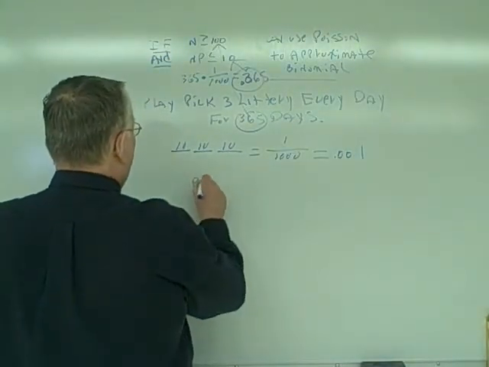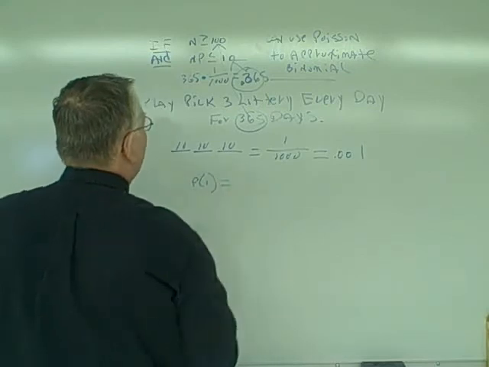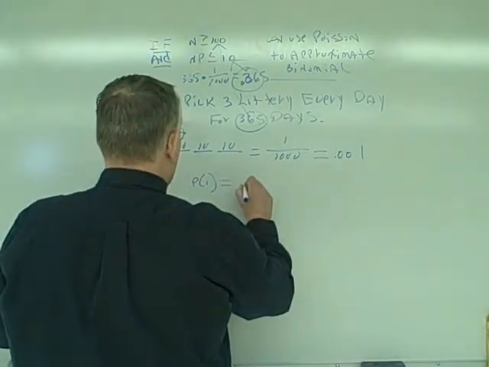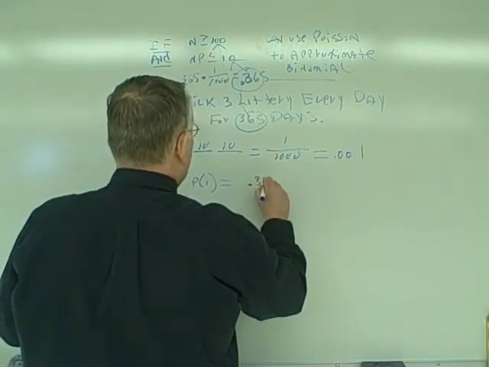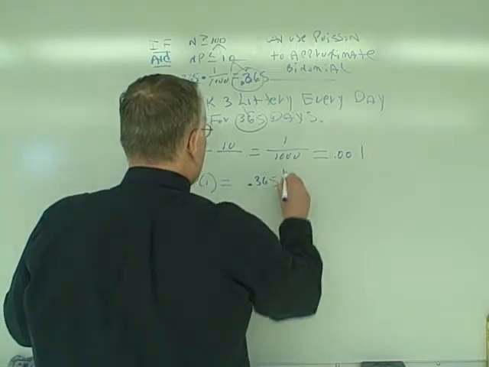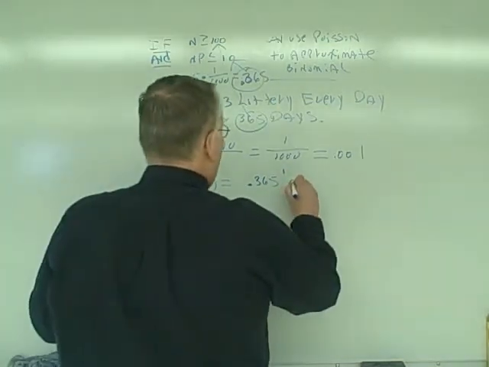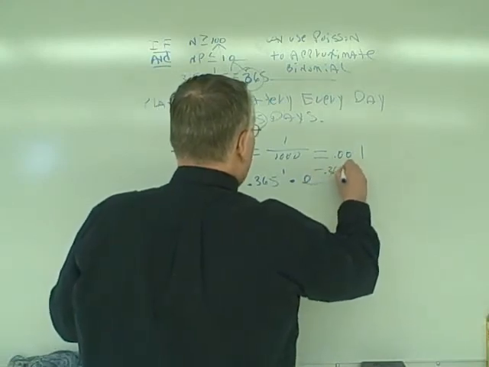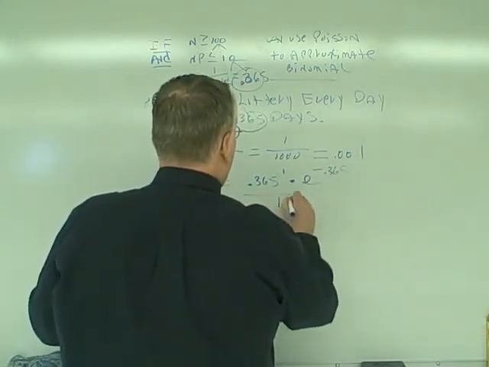So, the probability that I win exactly once in 365 days is the mean, 0.365, to the 1, because I'm going to win once, times e to the negative mean, over 1 factorial.